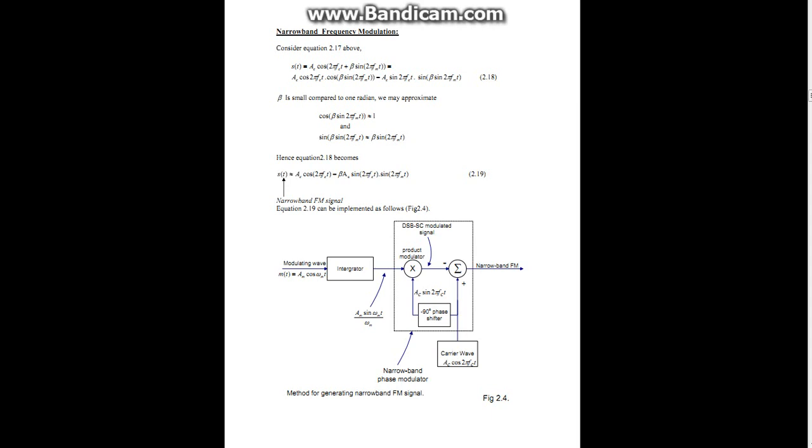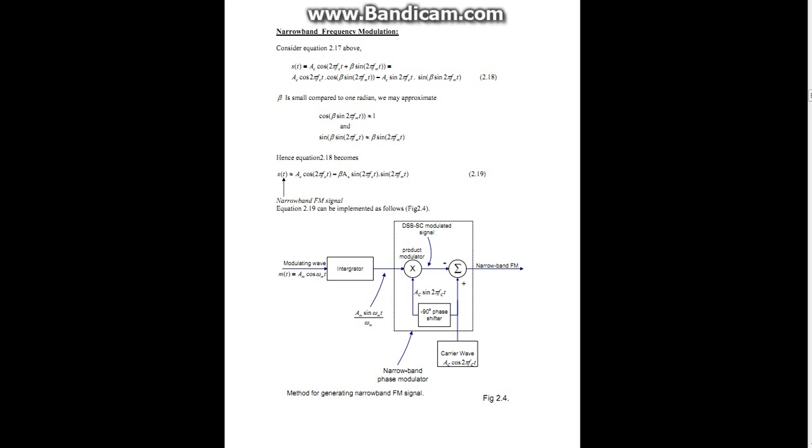We expand this equation with the help of the formula for cos(A+B), and we get Ac cos(2π fc t) cos(beta sin(2π fm t)) minus Ac sin(2π fc t) sin(beta sin(2π fm t)). After assuming that beta is very small compared to 1 radian, we may approximate cos of something as 1 and sin of something as that something.